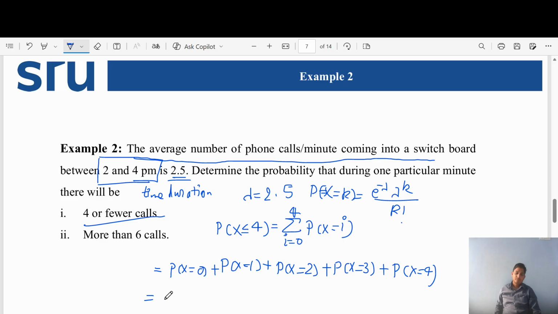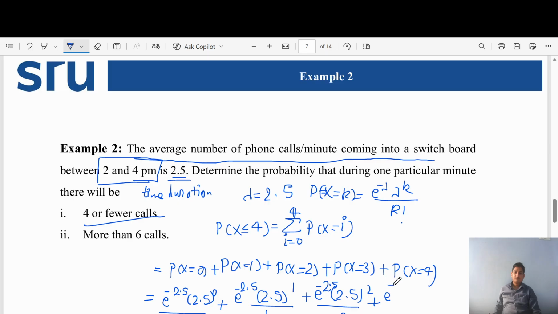So e to the power minus 2.5, 2.5 to the power 0 upon 0 factorial, plus e to the power minus 2.5, 2.5 to the power 1 upon 1 factorial, plus e to the power minus 2.5, 2.5 to the power 2 upon 2 factorial, plus the same for 3: e to the power minus lambda, means 2.5, and 2.5 to the power 3 upon 3 factorial, plus x is equal to 4, e to the power minus 2.5, 2.5 to the power 4 upon 4 factorial.